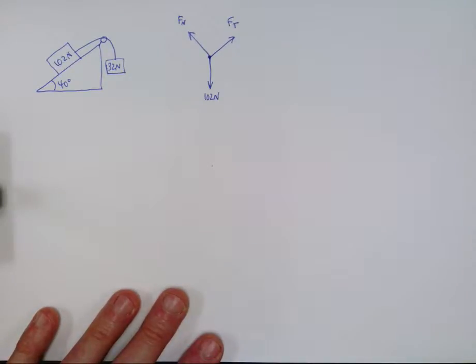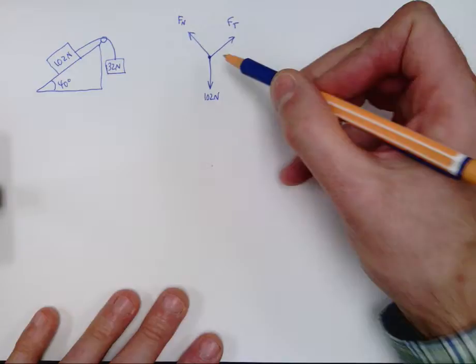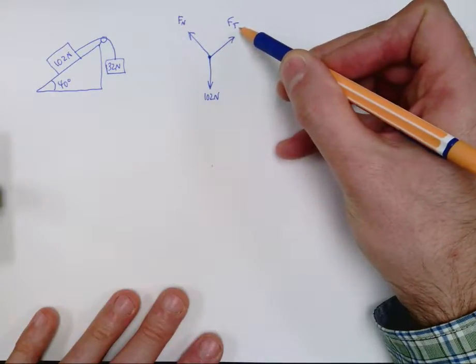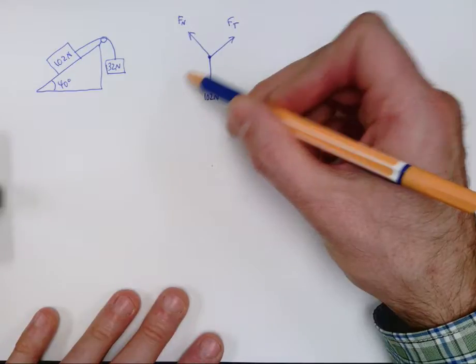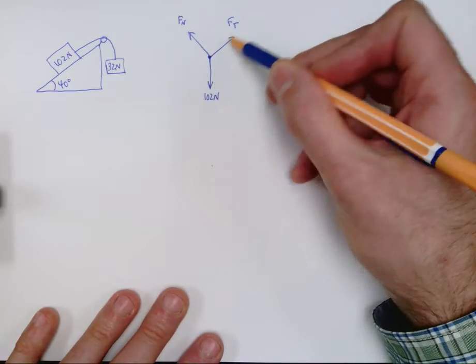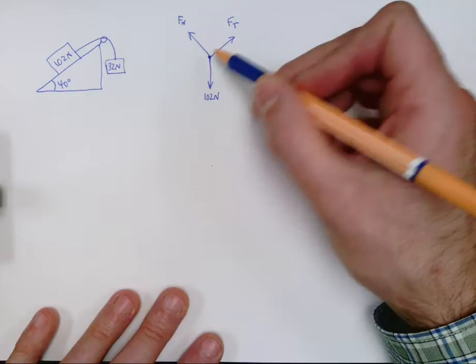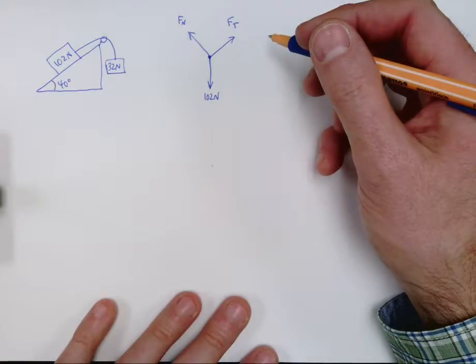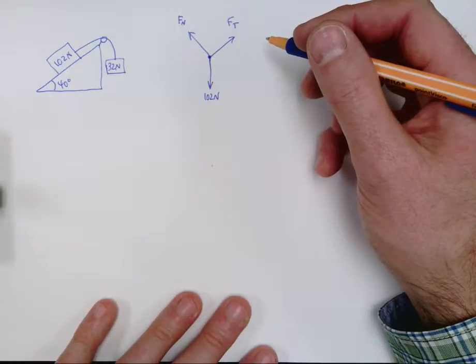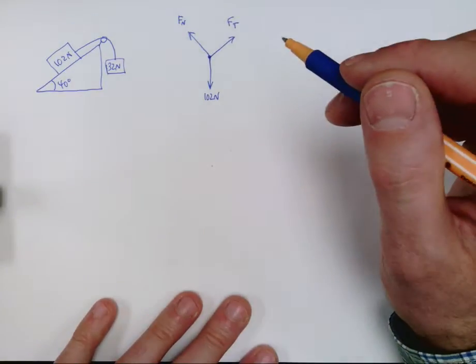What we have to do is figure out whether the tension force is stronger than the x component of the weight, or whether the weight is stronger than the tension force. Whichever one of those is stronger is going to tell us which way this has a tendency to move, and then friction always points in the opposite direction that something has a tendency to move. So I'm going to wait on drawing in friction.